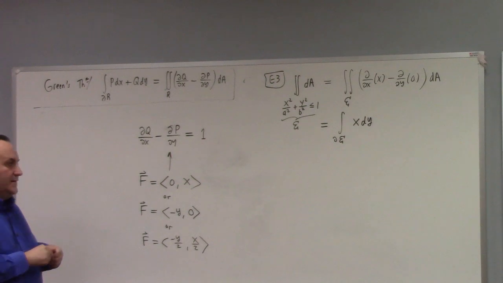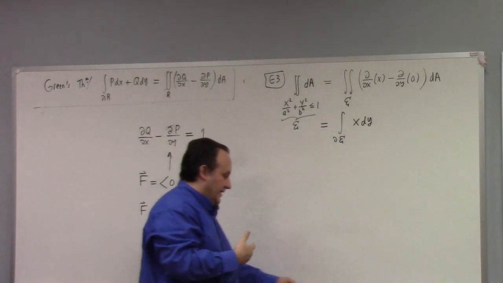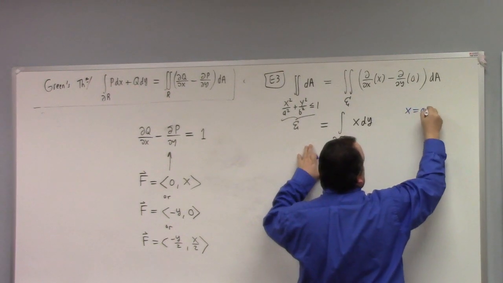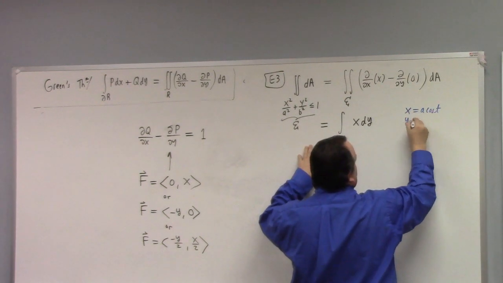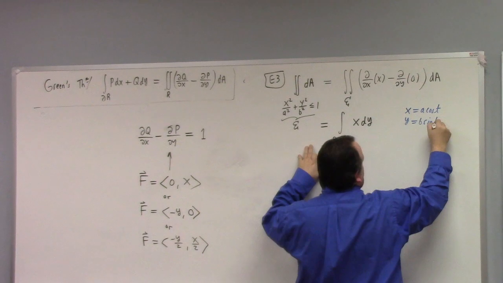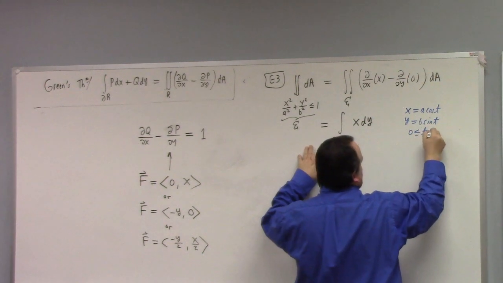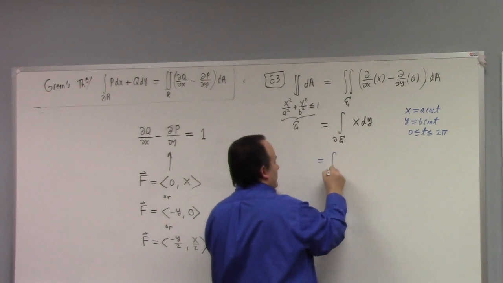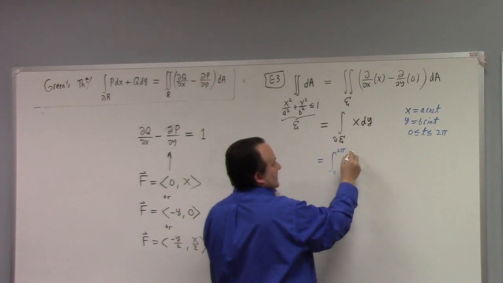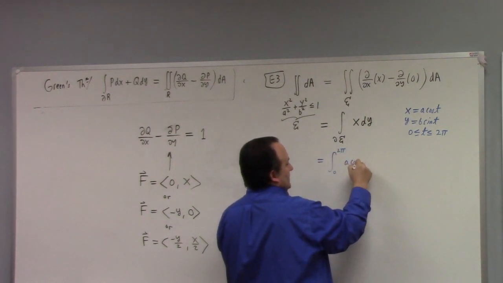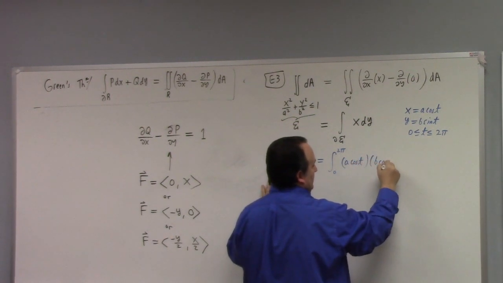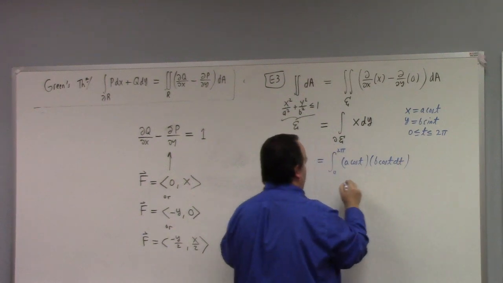Okay. And how do we parameterize the boundary here? We put x equals a cos t, y equals b sine t, 0 less than or equal to t less than or equal to 2 pi. And so this gives us the integral from 0 to 2 pi of a cos t. What's dy? Well, b cos t dt. Aha.